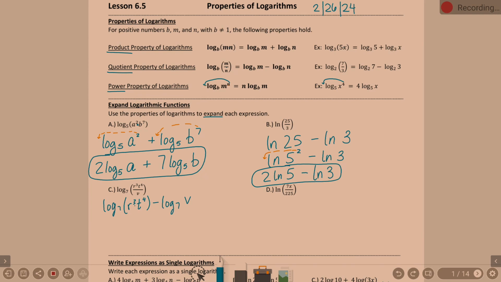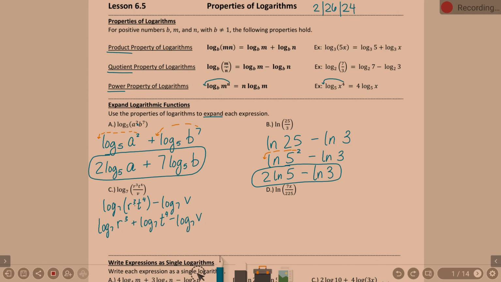And what are those 2 logs being done to? They are being added. So log base 7 of r to the third plus log base 7 of t to the fourth and then still minus log base 7 of v.